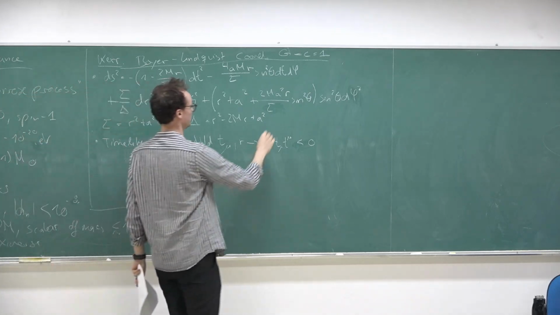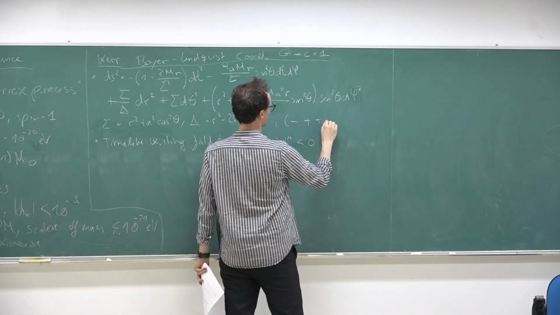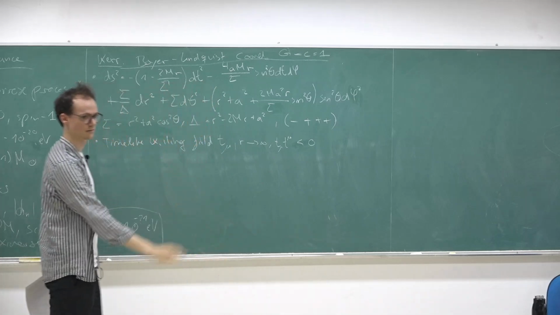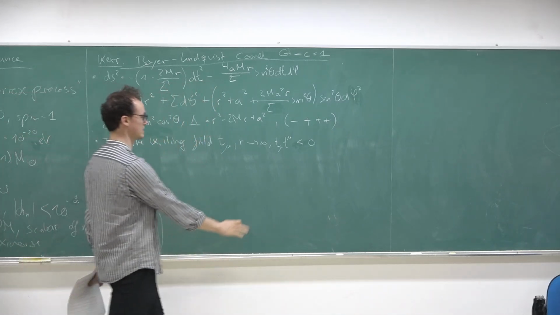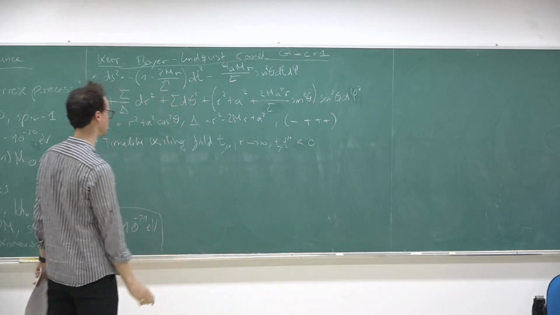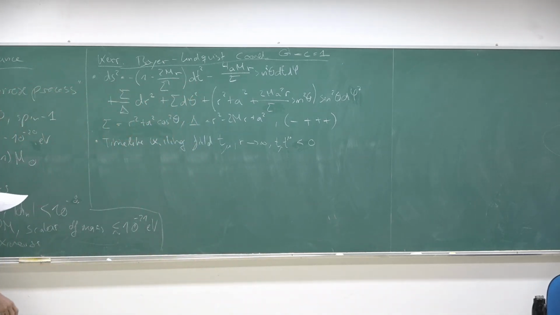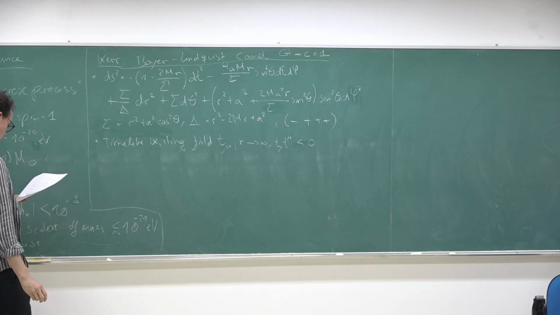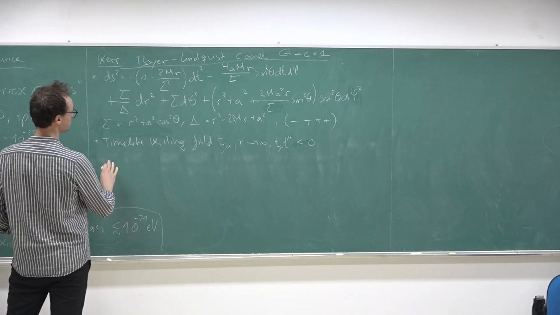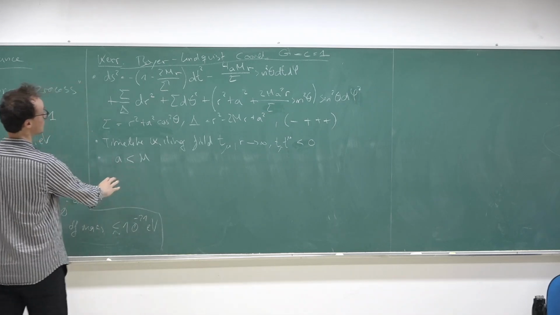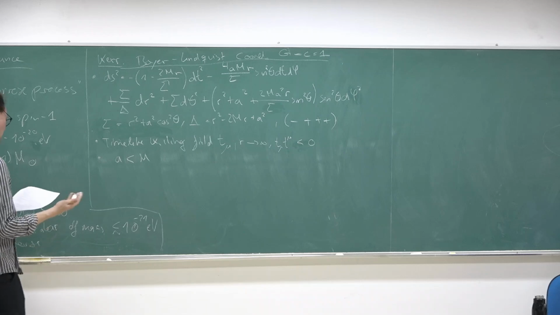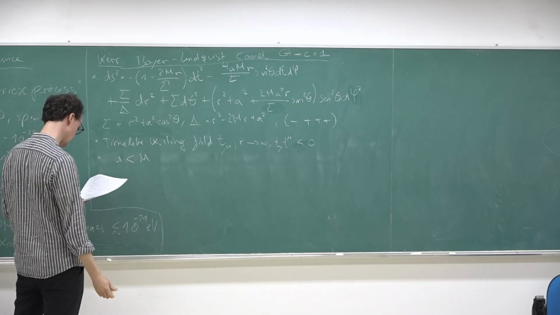Just in case you're not familiar with this, I'm using the minus-plus signature, so negative means time-like, positive means space-like. We'll be focusing on the regime where the spin parameter is smaller than M, so that it's astrophysically relevant and not a singularity.